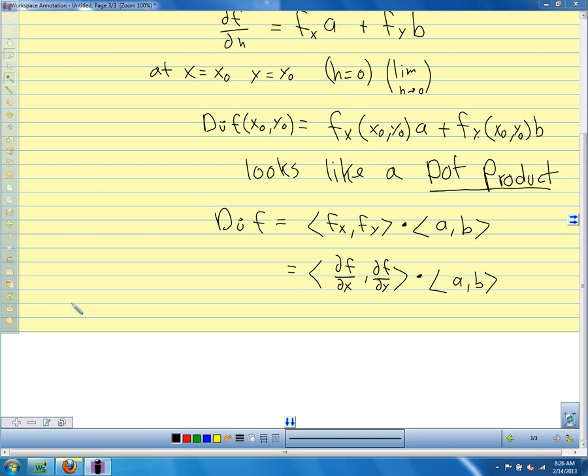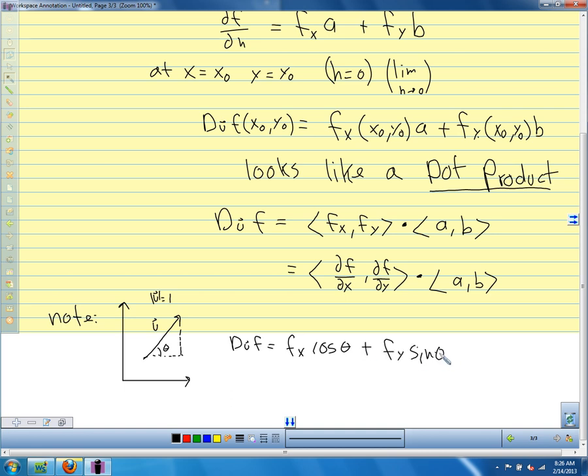So note, just as a quick note because this shows up a little bit, if we have our unit vector defined in terms of an angle theta with the x-axis, and this is our unit vector, and the magnitude of u equals 1, then our directional derivative is f sub x cosine theta plus f sub y sine theta.